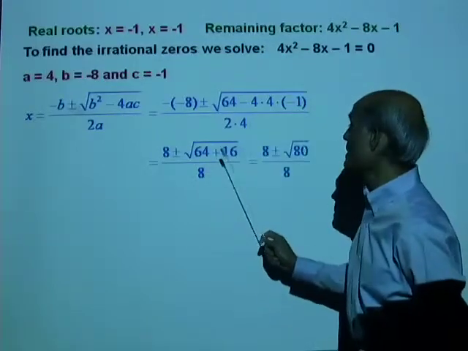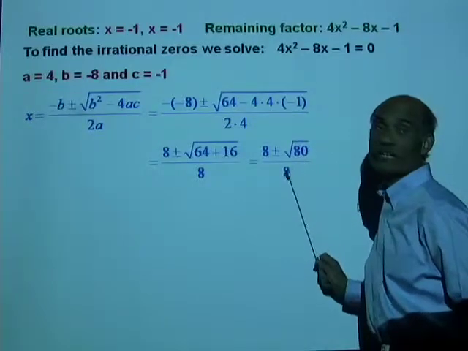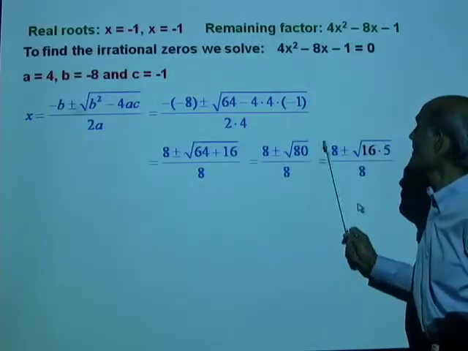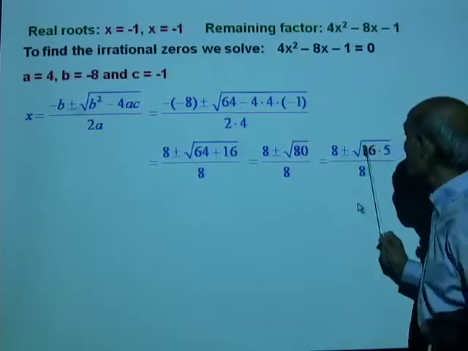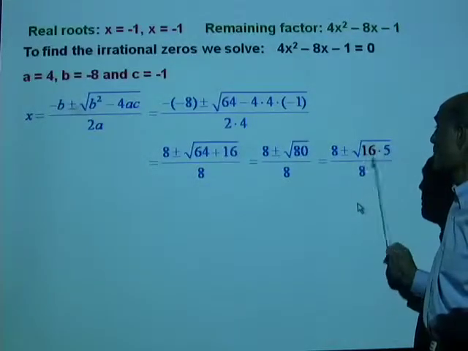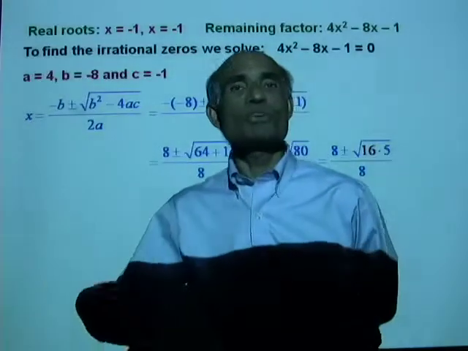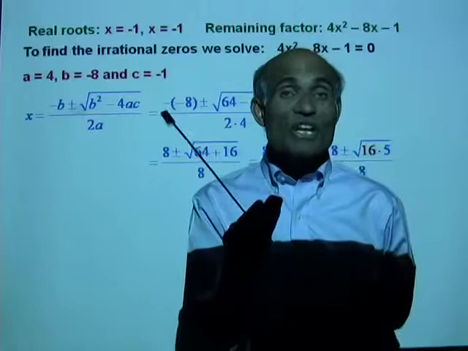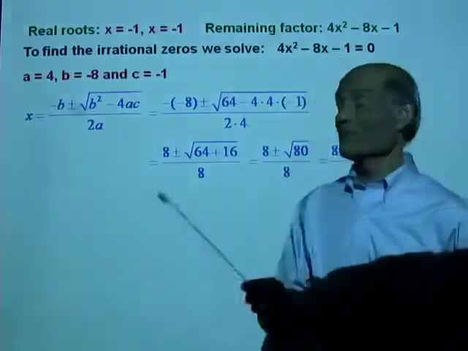Well, that is 8 plus or minus square root 80 over 8. Can you simplify that? Square root 80 can be written as 16 times 5. Why did I write 16 times 5 and not 20 times 4 or 40 times 2? Because 16 is a perfect square and the square root can be obtained.